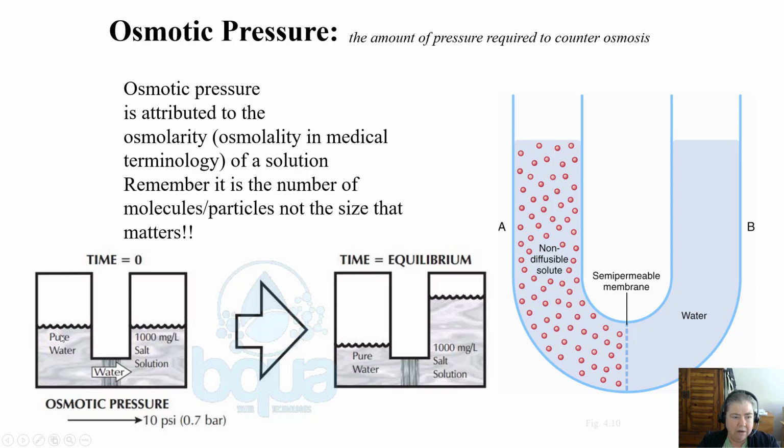So if you have water and a salt solution, the water is going to move across the semi-permeable membrane into the salt solution, and it's going to continue moving until the physical pressure of this column of water equals the osmotic pressure created by the difference between the pure water and the salt solution.